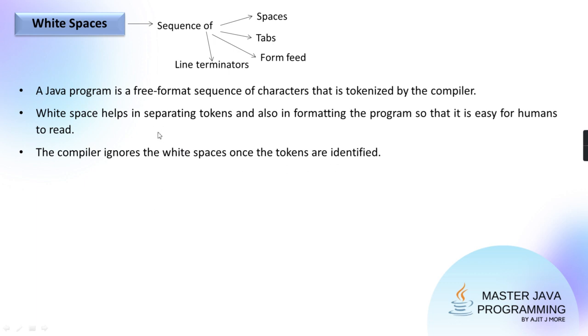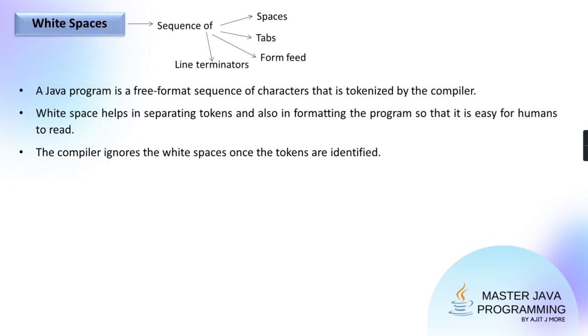But are only spaces used for tokenization? No, there are other delimiters also, like comma and semicolon. They are called punctuation symbols, and they also play the role of tokenizing. But space is also playing the role of creating tokens. Okay? So till here everything is fine?